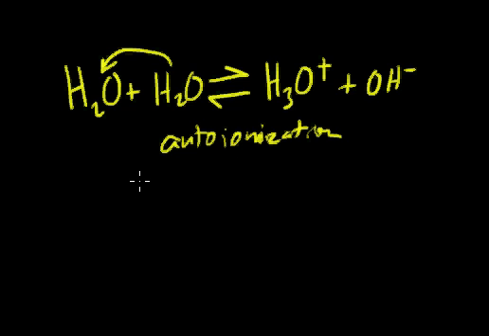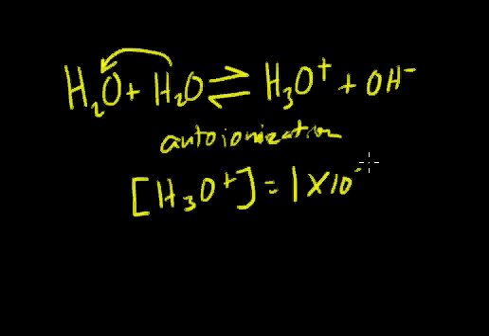And when this happens, the concentration of hydronium in this water autoionization is equal to 1 times 10 to the negative 7 molar. In other words, in 1 liter, only 1 out of every 10 million molecules will actually undergo this autoionization.